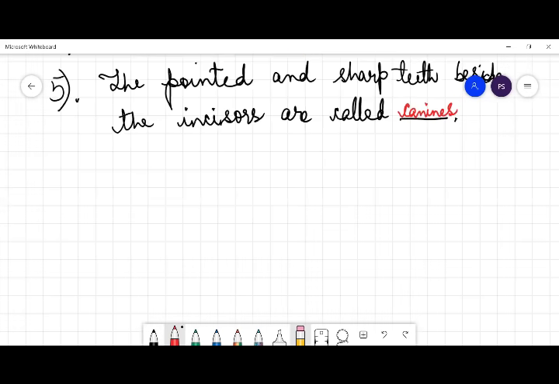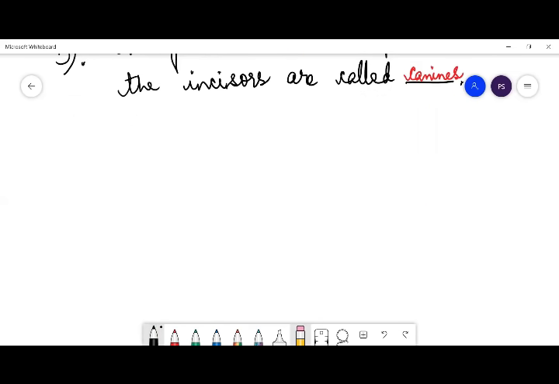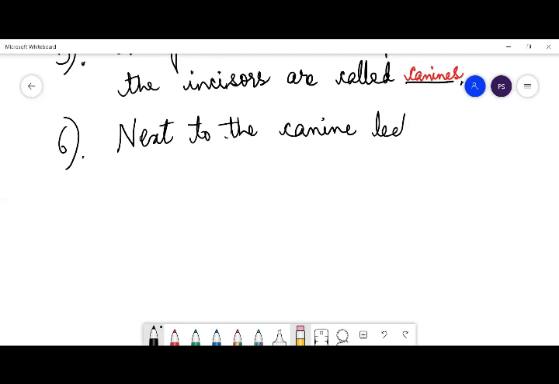Now the next question is, next to the canine teeth are the dash.